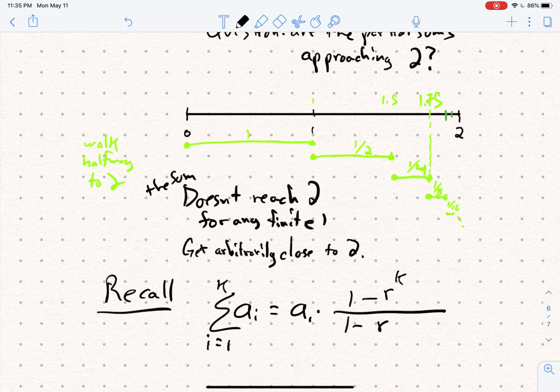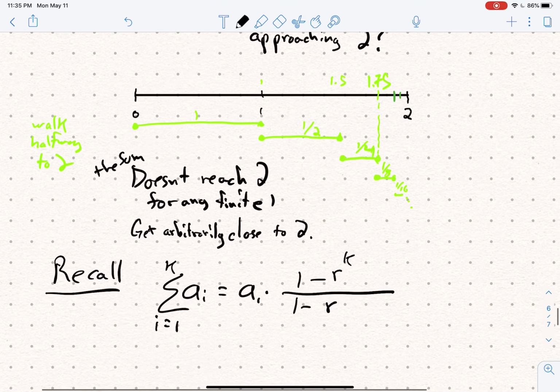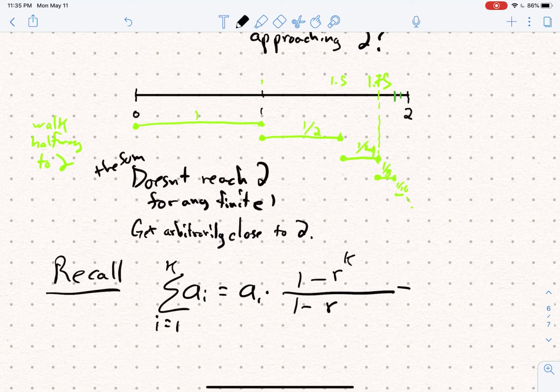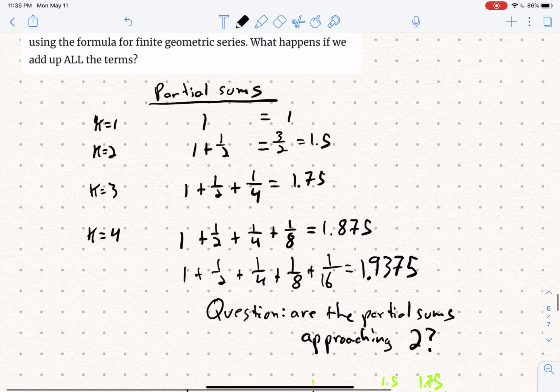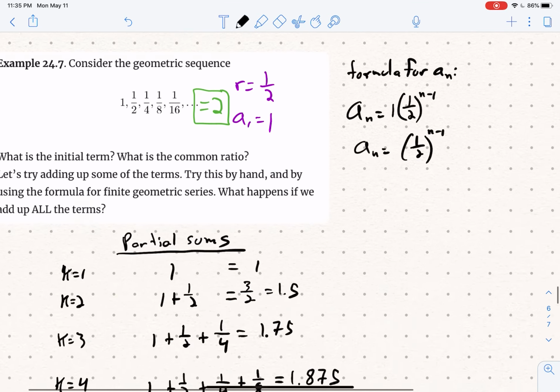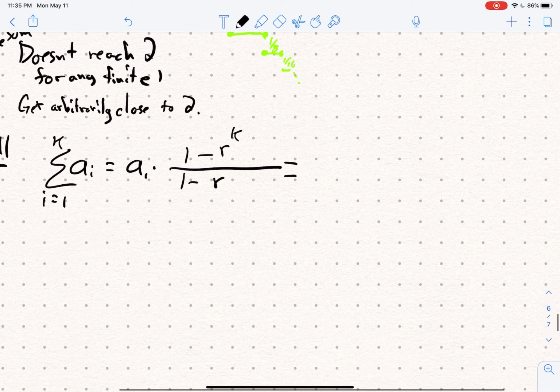And in this particular sequence, we know what the various values here are. a_1 is equal to, well, we calculated before, a_1 is 1. So a_1 is equal to 1. And then this is going to be (1 minus (1/2) to the k) over (1 minus 1/2).